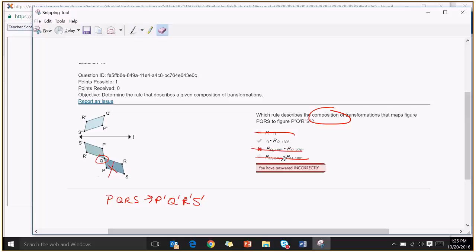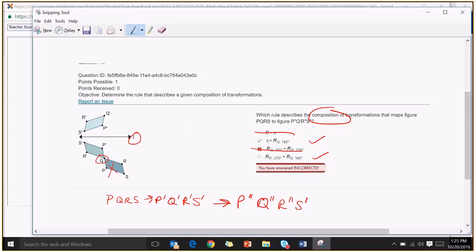Okay. So that leaves us with these two choices, correct? Correct. All right. So then how do you think I got from P double prime, Q double prime, R double prime to the next image? I think you flipped it across line S. Wait, no, L. Line L. Okay, so it's a reflection.